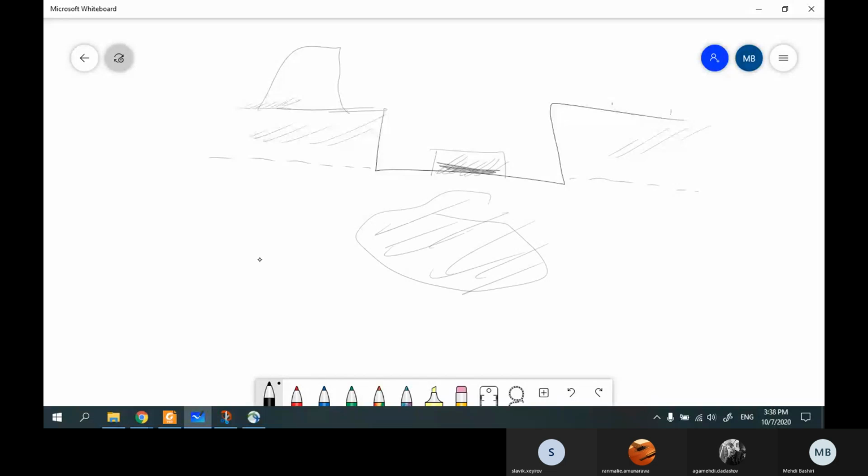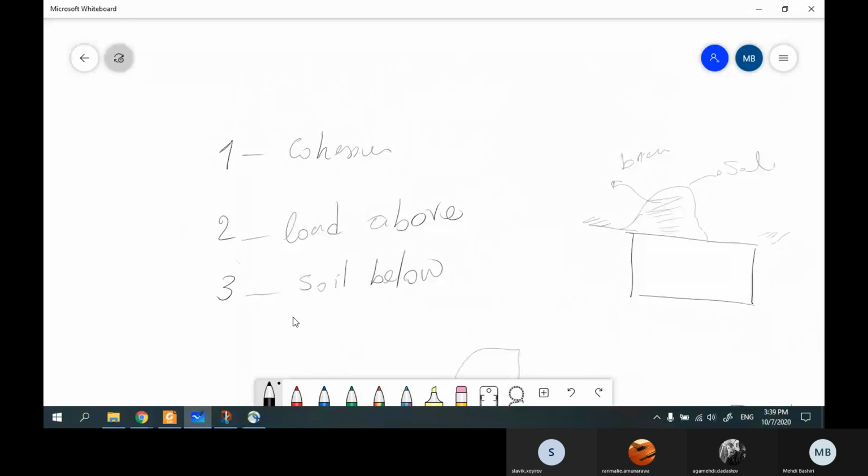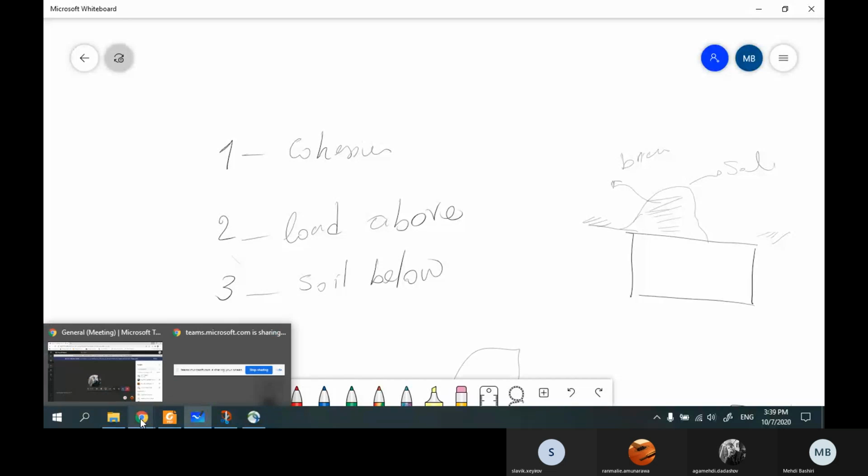Also, if you have ground water here, the capacity of the soil is different from the case that you don't have water. So these three items affect your final soil capacity. I'm going to talk about it in the next class.